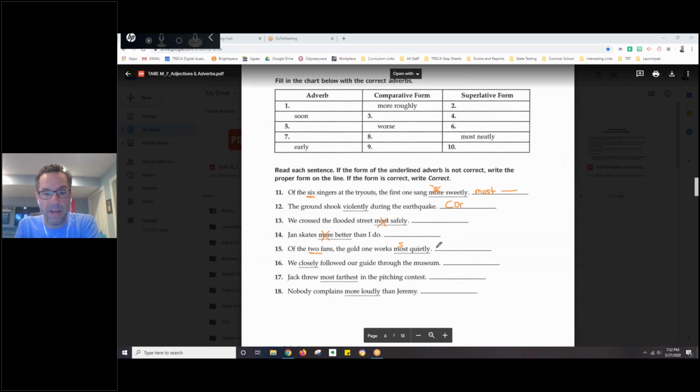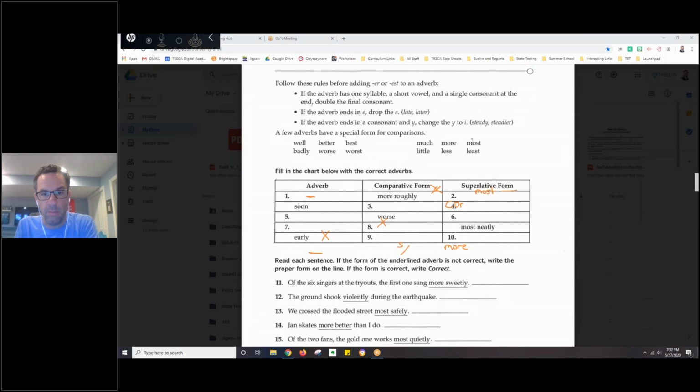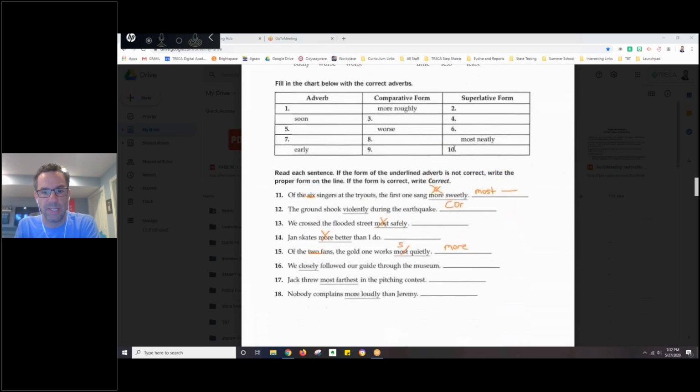We need to use the comparative. And the comparative form is more, not most, more. And you can see it up here, much, more, and most. Much is plain. More is when you're comparing two things. Most is when you're comparing three or more. So we're only comparing two, so that's why more is the correct answer.